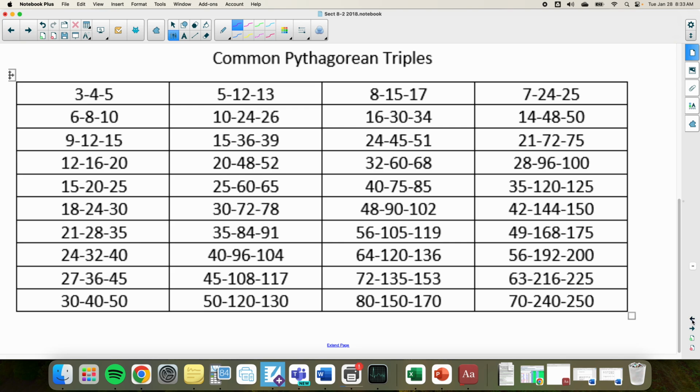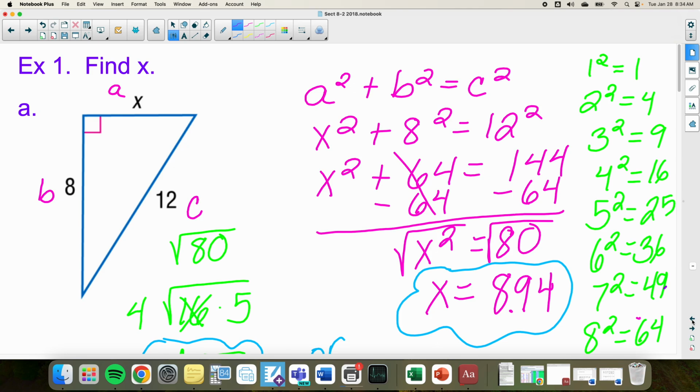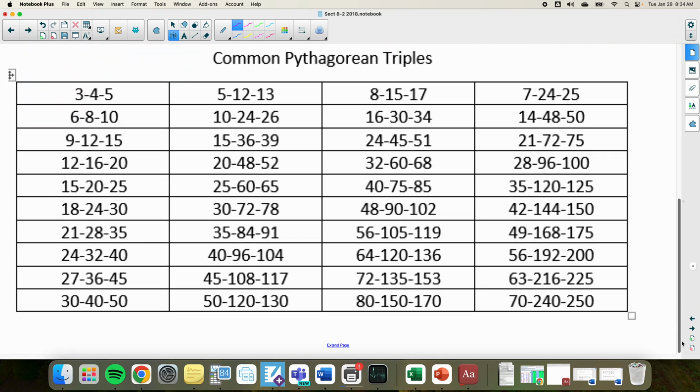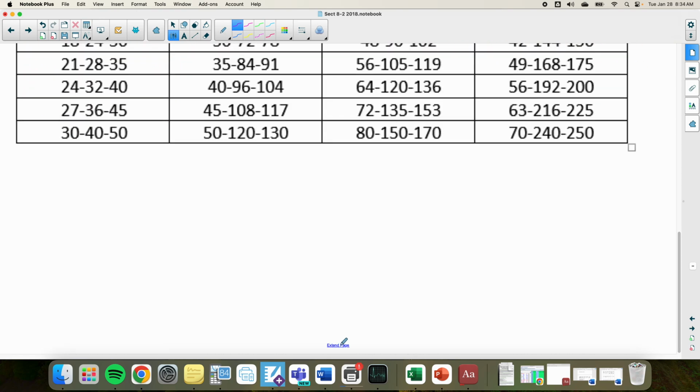If you look back here, these were different than what I'm showing you now, and how I know that is we got a decimal for our answer. So what I'm showing you on this next page does not work all the time, but there are certain right triangles that I want you to remember for the future, when you have MCA tests, when you have your ACT test, if you take that, FastBridge.